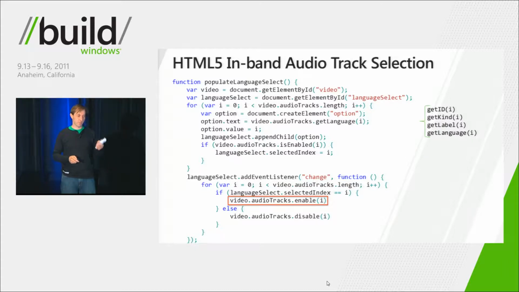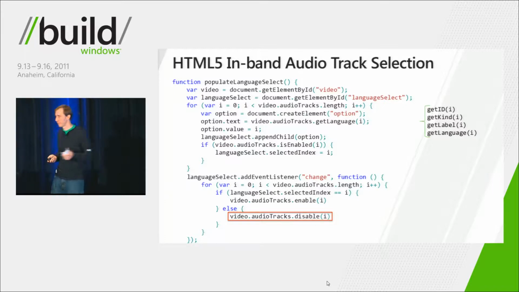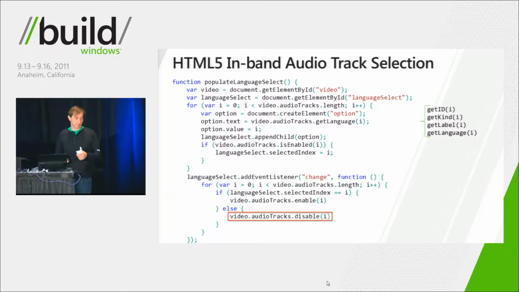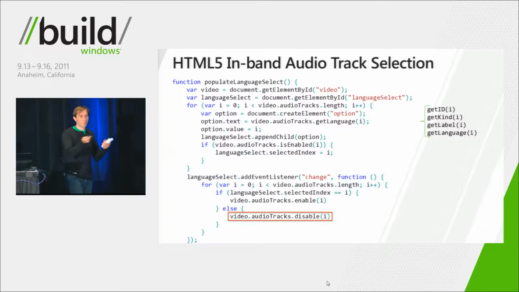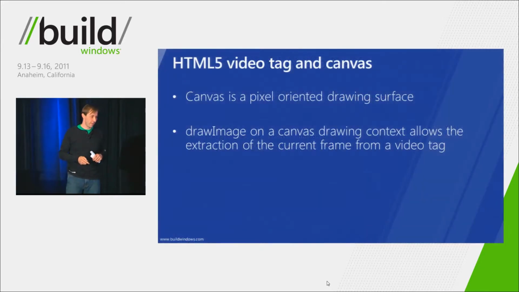If the current track corresponds to the current selection, then we'll enable that one, otherwise we'll disable it. So we're disabling all others but the one that's selected. Okay, no rocket science, obviously. But it fits on one page, and it's a fairly advanced feature, one might think at least.